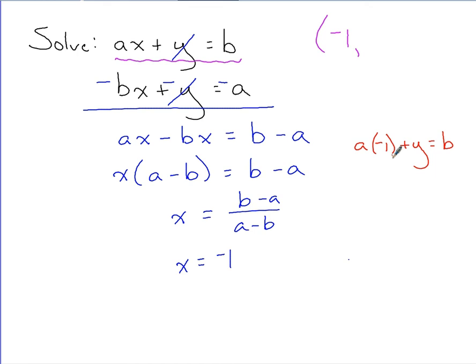So this is going to be negative a, right? Negative a you're going to add over. If you add over, y is going to equal b plus a. And there's not much you can do about that, right? It's just b plus a. So the rest of the ordered pair up here, we include that y coordinate. That y coordinate's b plus a. There's your solution.